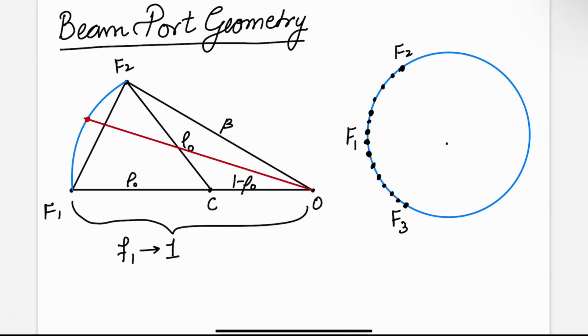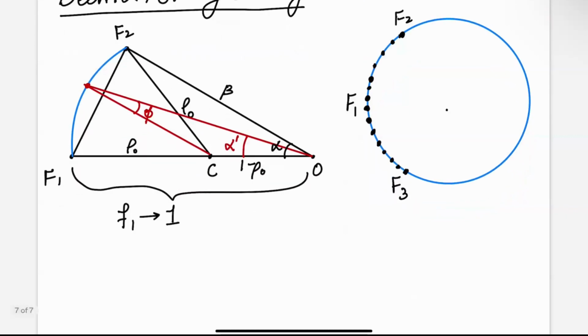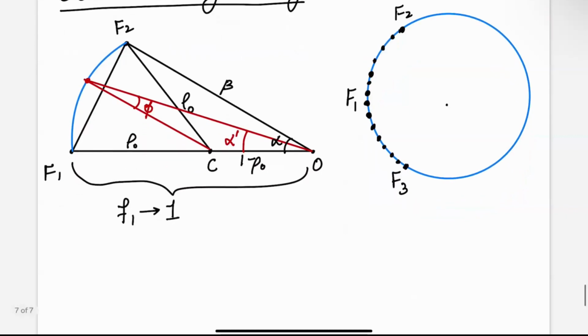One more label: this one is alpha. And actually, let me move this down. Call this angle alpha prime, and this angle is P. All right, now let's go through some more simple geometry.